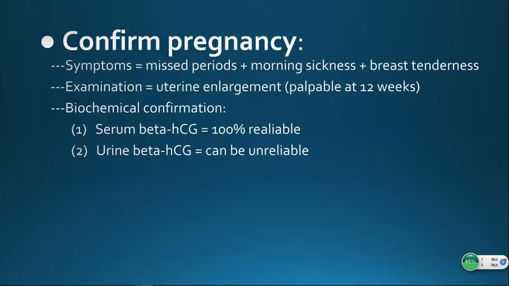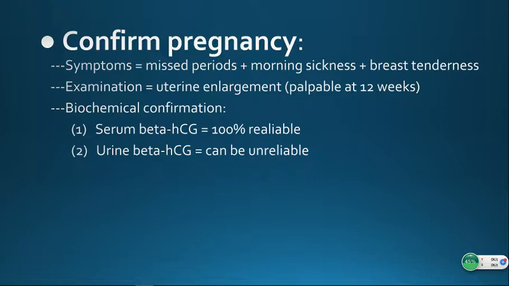Examinations are not very good in terms of confirming pregnancy, but rather to follow up on how the pregnancy is progressing. So uterine enlargement is palpable abdominally at 12 weeks, and later on throughout pregnancy, at each visit, you would measure the fundal height to see whether the baby is growing as it should be.